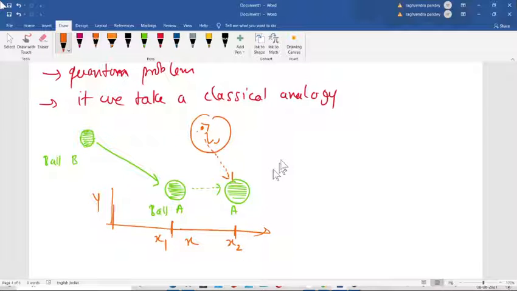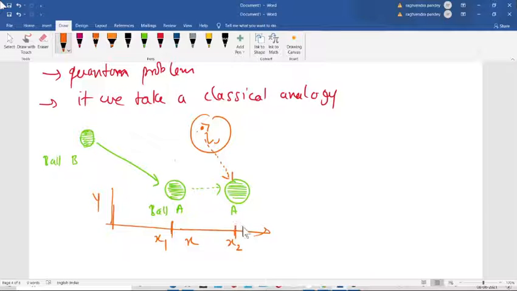See, the condition is that the observer, suppose it is you, Yash Patel, can observe ball A only if ball B strikes ball A. When ball B strikes ball A, due to the energy of ball B, ball A changes its position and comes and stops at the x2 position. This is what I am saying.